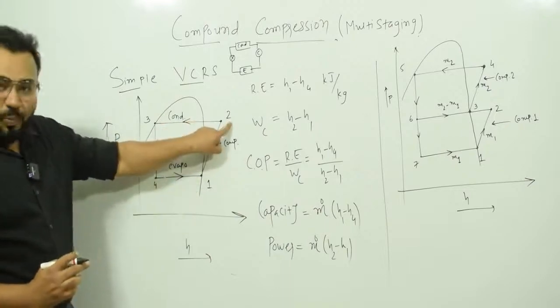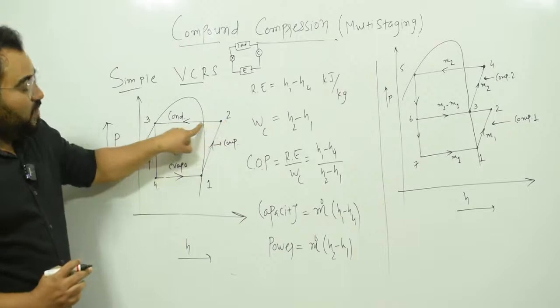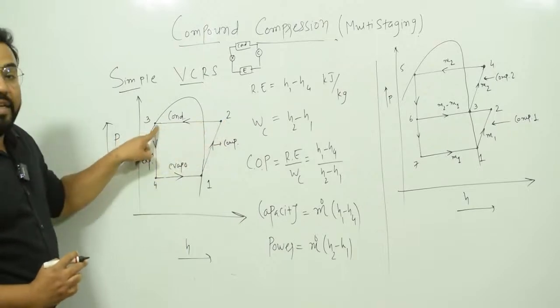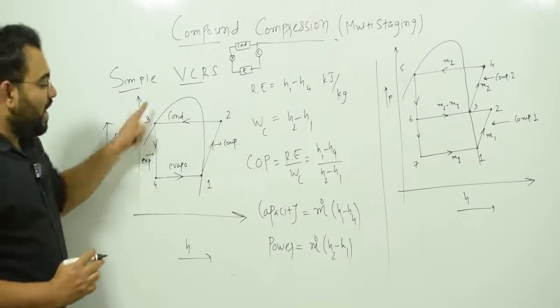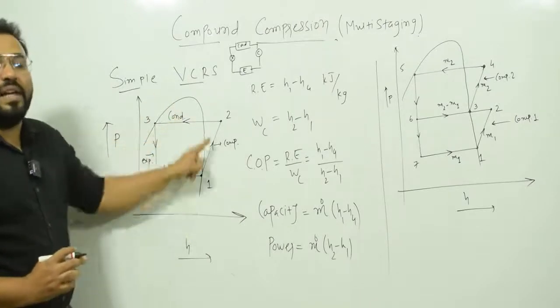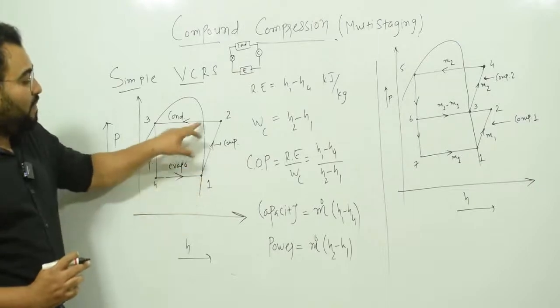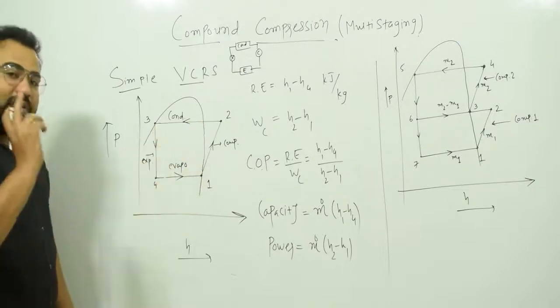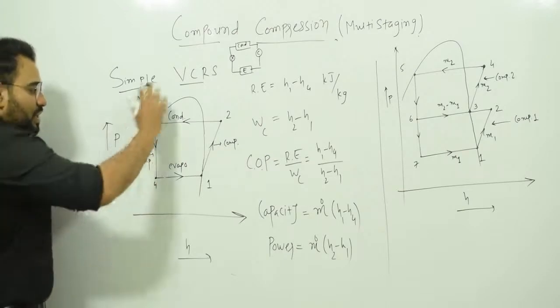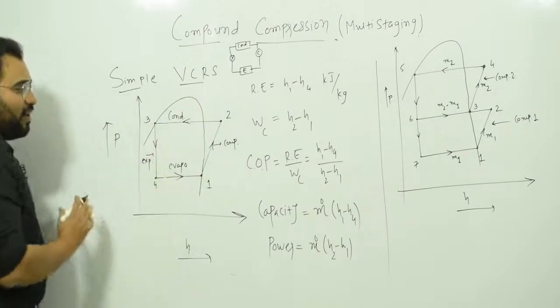Point 2 is superheated, in the vapor region. Point 3 is in the liquid region. And point 4 is liquid plus vapor. I have already discussed in the understanding pH and TS diagram video why I call it vapor, liquid, or liquid plus vapor. So this is the basic pH diagram we have.